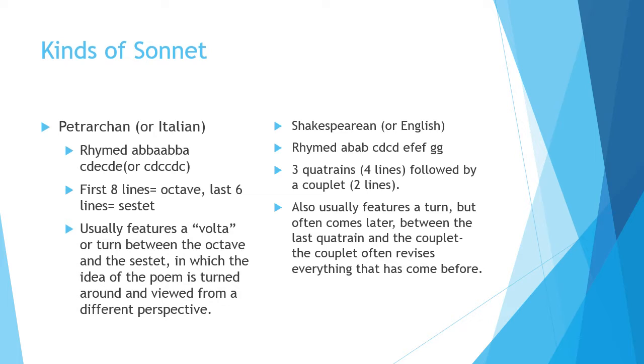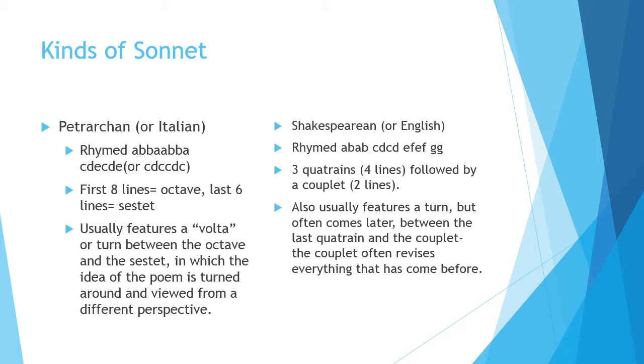There are two main kinds of sonnet: the Petrarchan, also called the Italian sonnet, and the Shakespearean or English sonnet. The Petrarchan sonnet has a particular rhyme scheme: ABBA, ABBA, CDE, CDE, or sometimes even CDC, CDC.